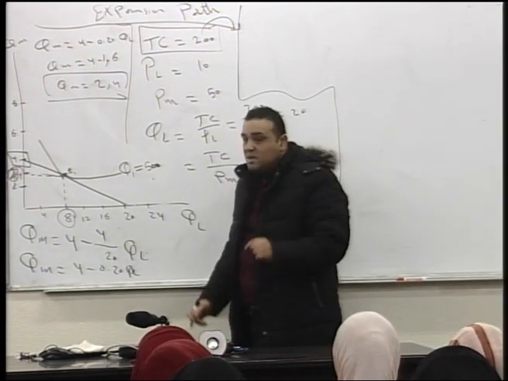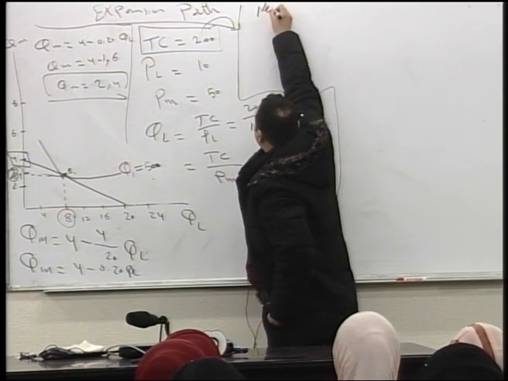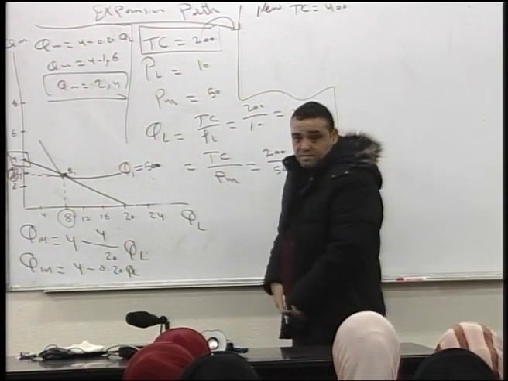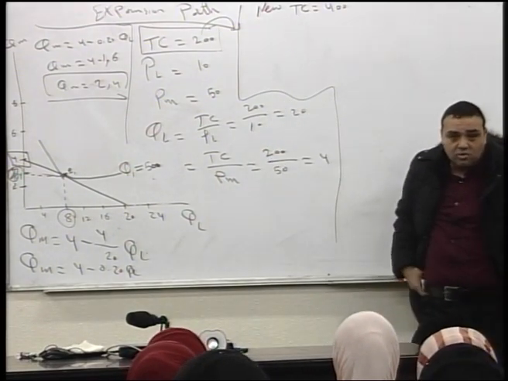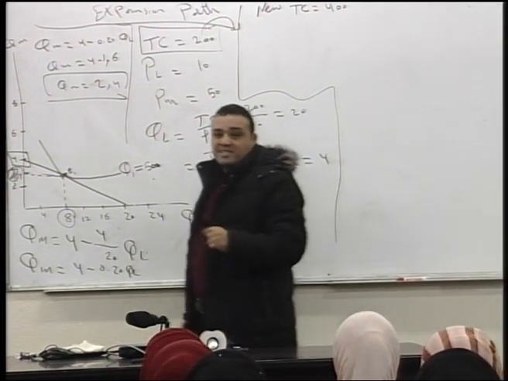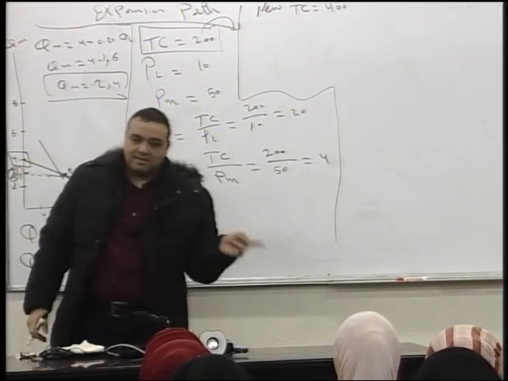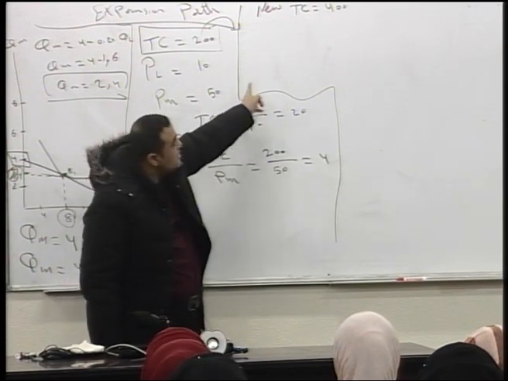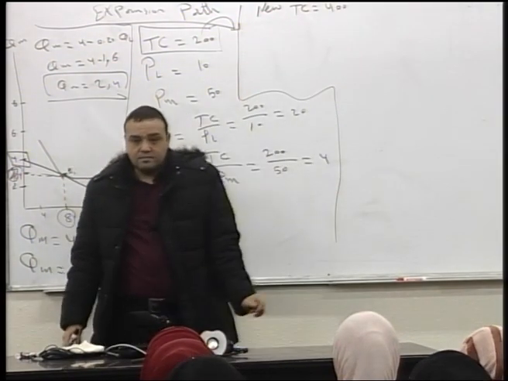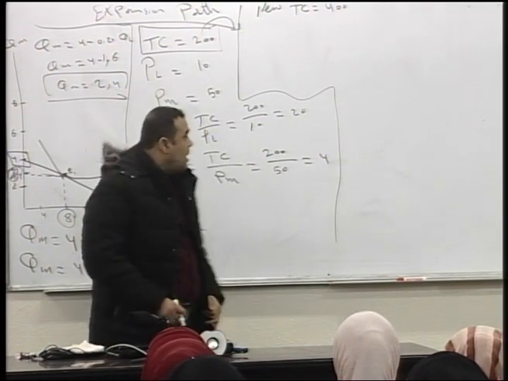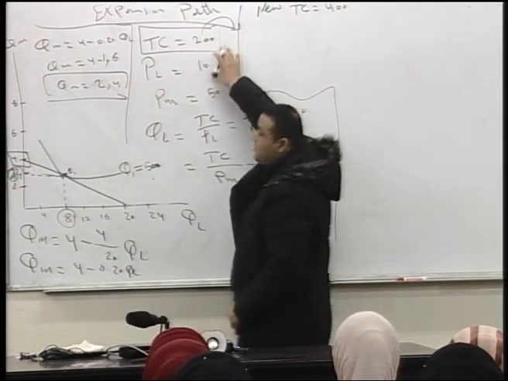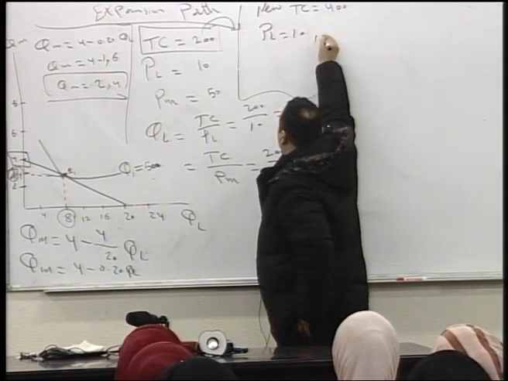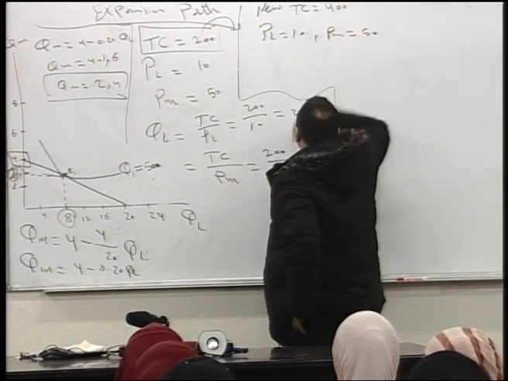So the new total cost equals $400. This is the new total cost. The total investment, the inputs, increased by 100%, from 200 to 400. And the prices remain constant: the price of L equals 10, the price of M equals 50.